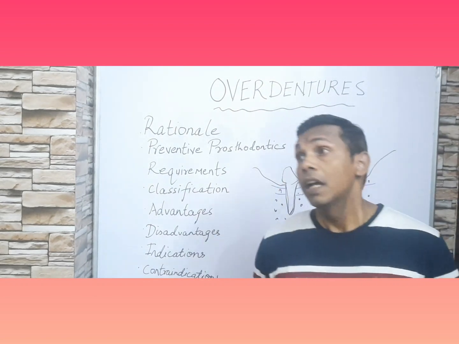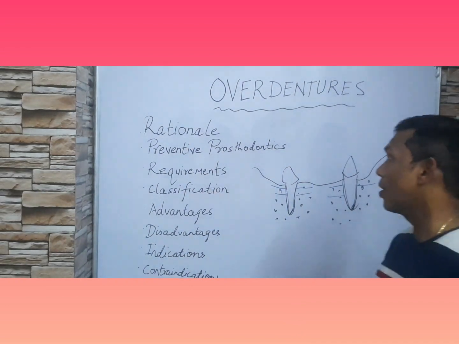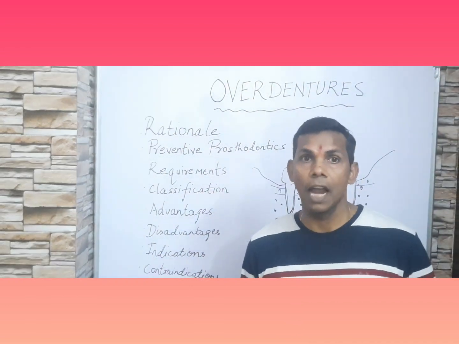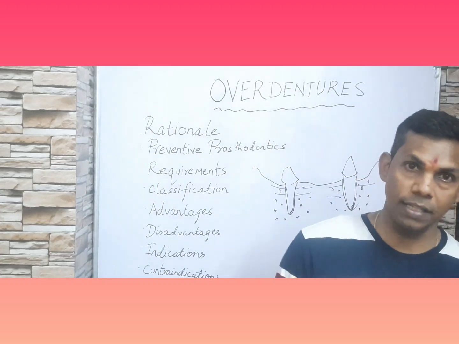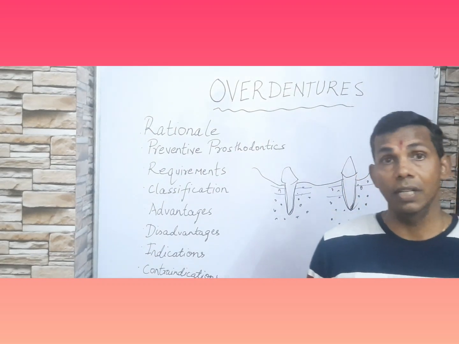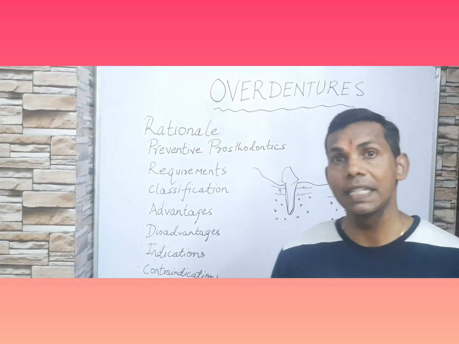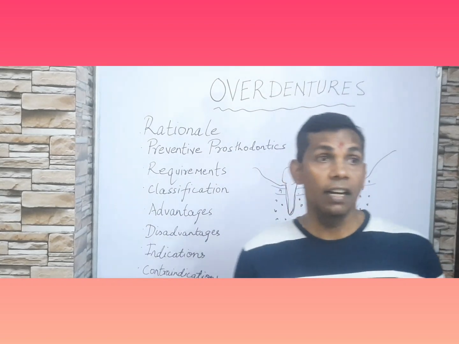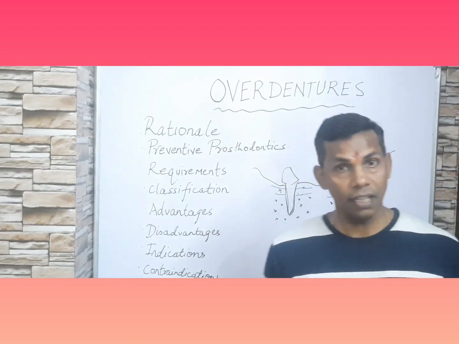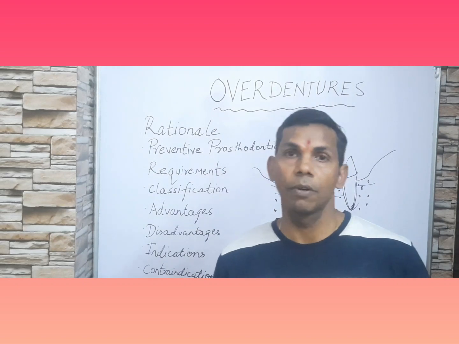So that is the rationale. Now, one thing which is very important where overdenture is described is preventive prosthodontics. Now, what do you mean by preventive prosthodontics? Preventive prosthodontics is basically reducing the need for prosthetic treatment or eliminating the need for prosthetic treatment.